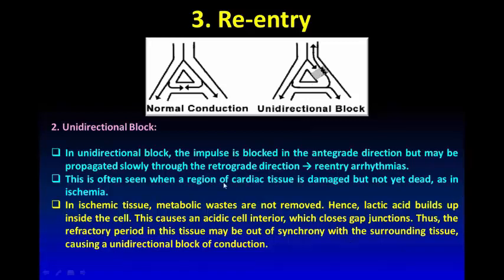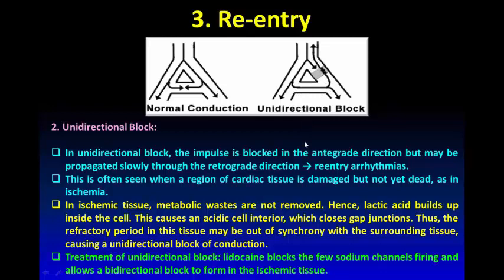Accordingly, the refractory period in this ischemic tissue may be out of synchrony with the surrounding tissue, and this causes a unidirectional block of the conduction. So the impulse is only blocked in the antegrade direction and not in the retrograde direction.